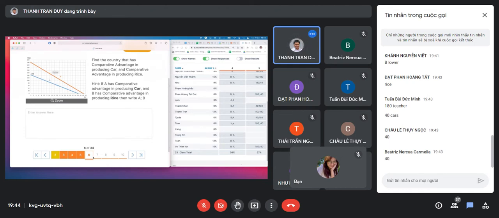True or false? Country A has absolute advantage in both rice and car. Is it a true or false statement?